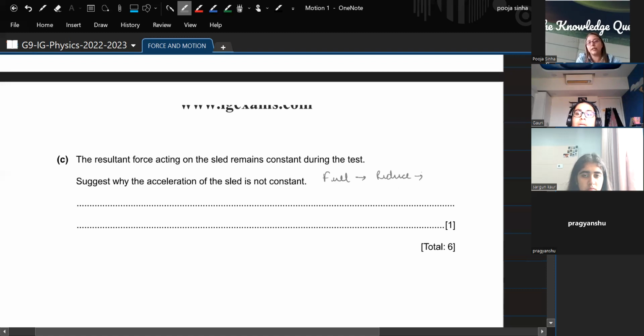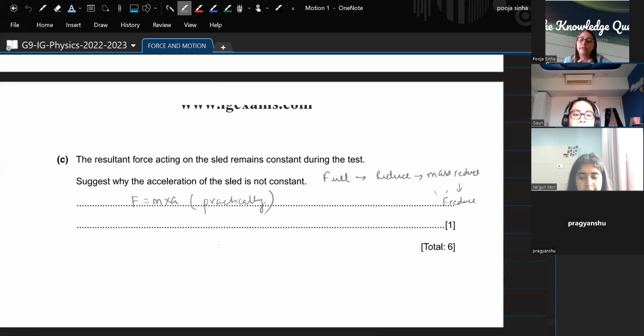So when fuel reduces, what reduces? Mass reduces. And if mass reduces, what do we know? Force is equal to mass into acceleration. So what reduces? Force reduces, which didn't come into the calculation, but practically this problem arises. Understood? Got the answer? This is how you will have to write it. Fuel is there, fuel reduces. I'm just giving you pointers. You will frame your own answer, but these are the points that have to be there.